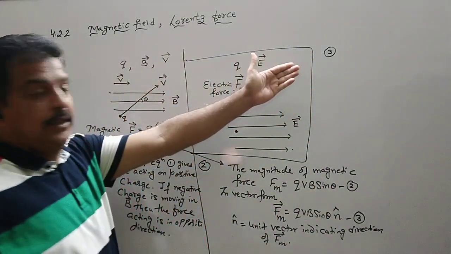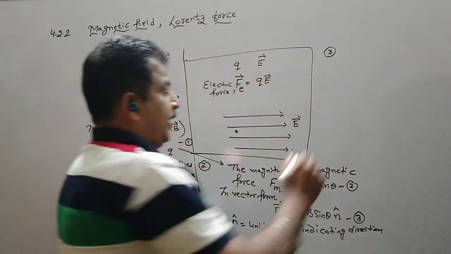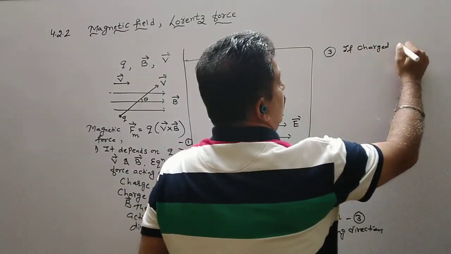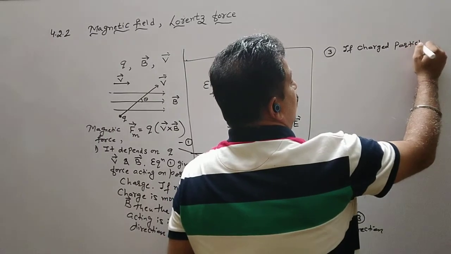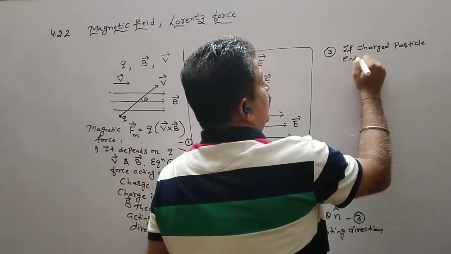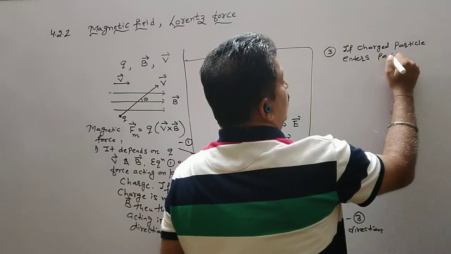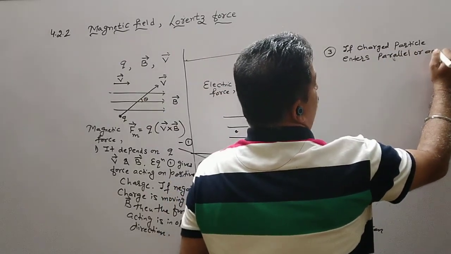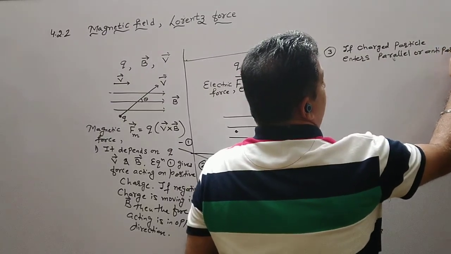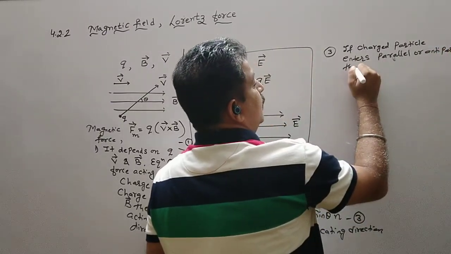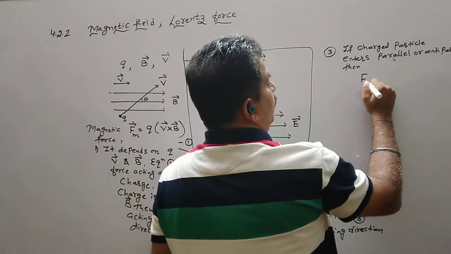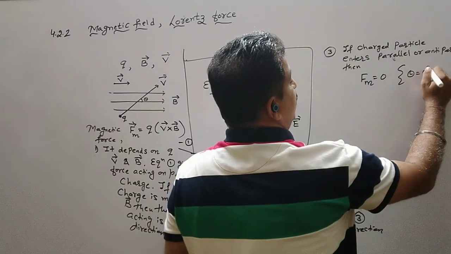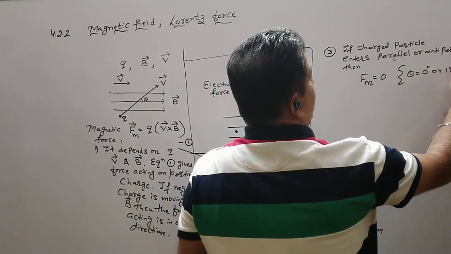So the third point, or you can say the case, is if a charged particle enters parallel or anti-parallel, then Fm is equal to 0 because theta is 0 degree or 180 degree.